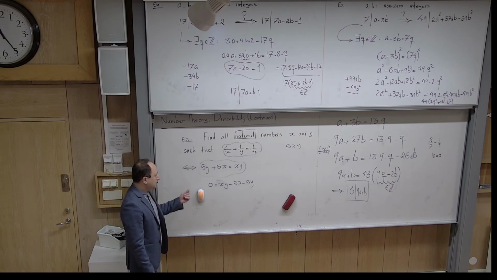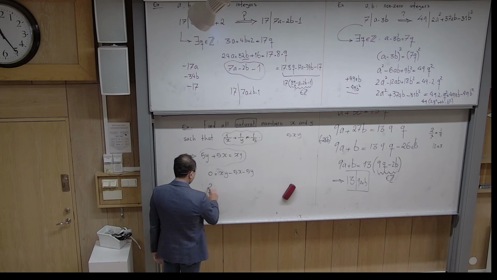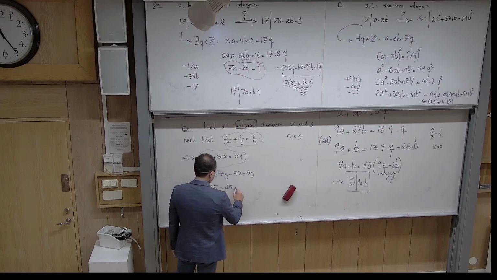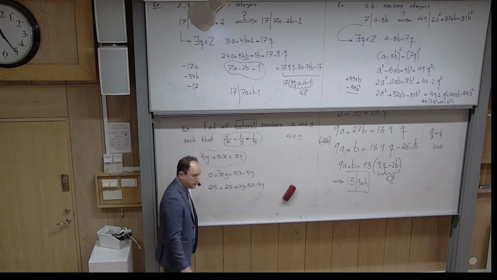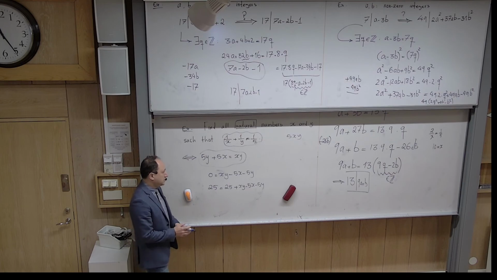But now I tell you the hint. Add 25 to both of them. So what happens, it becomes 25 is equal to 25 plus xy minus 5x minus 5y. Yes? And I think you can manage to do something.